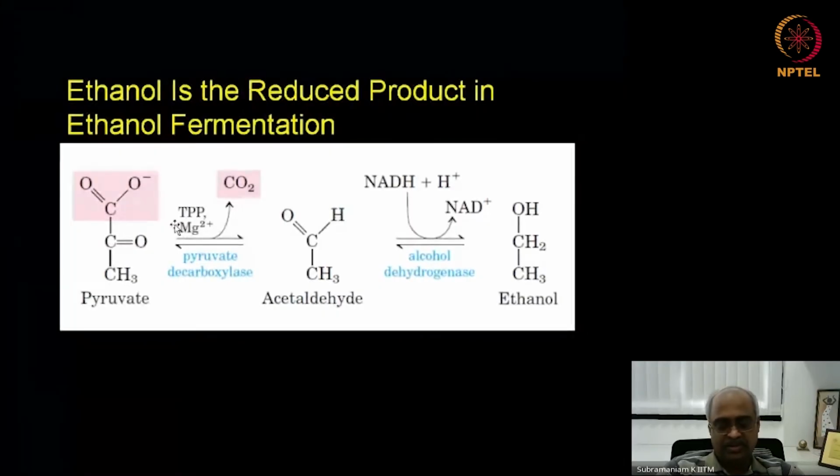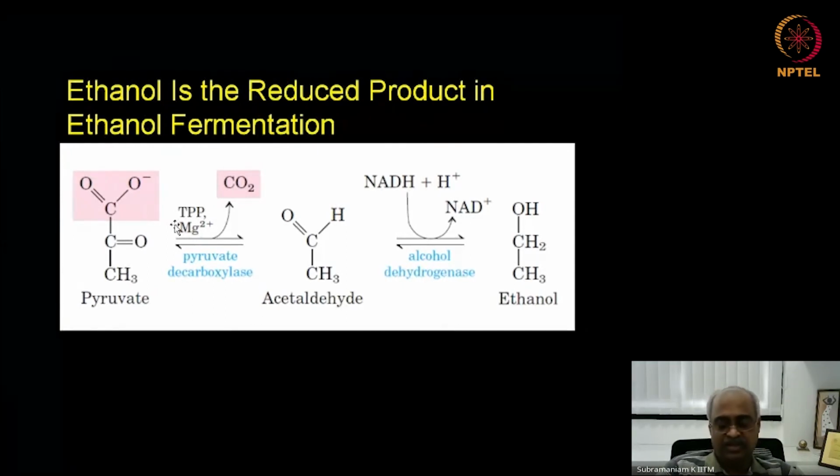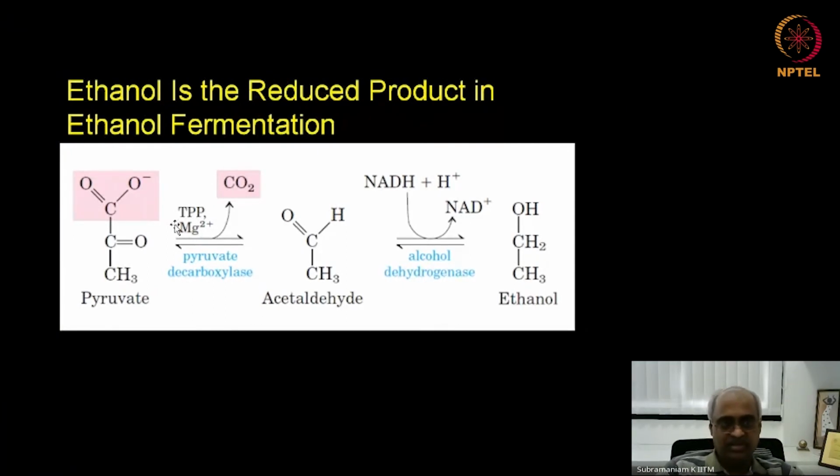Niacin is part of NAD, and we know NAD is an important intermediate electron carrier. Then we saw another one, riboflavin, the vitamin B that is part of FMN and FAD, flavin mononucleotide and flavin adenine dinucleotide. And this is the third vitamin, thiamine.